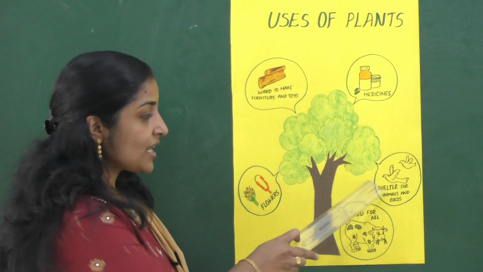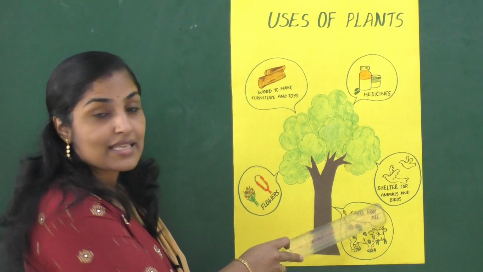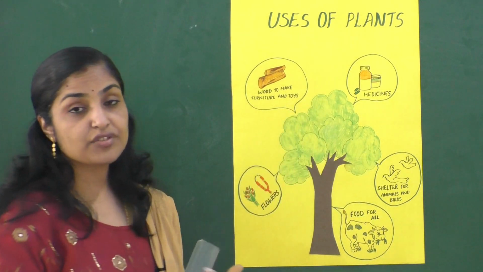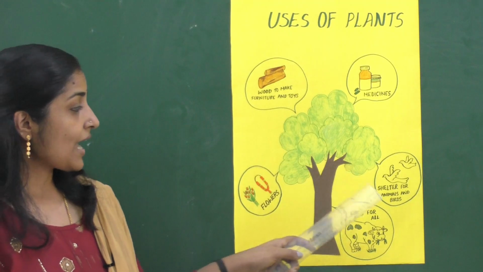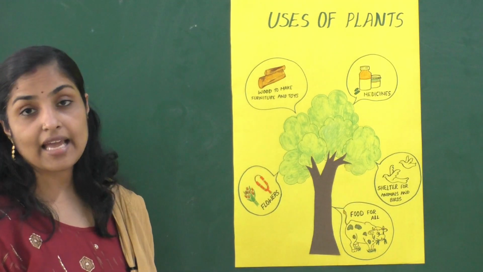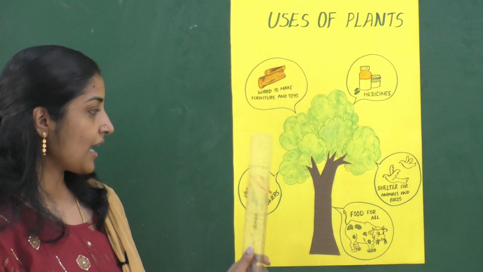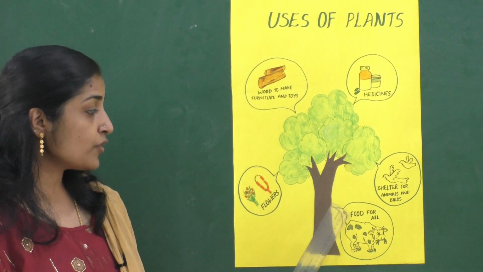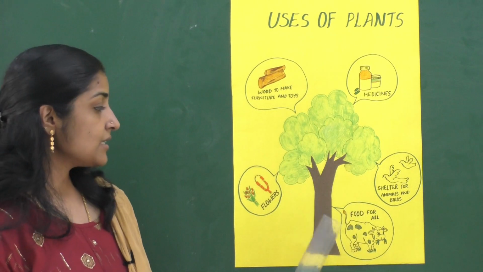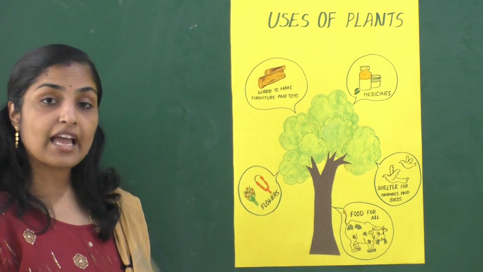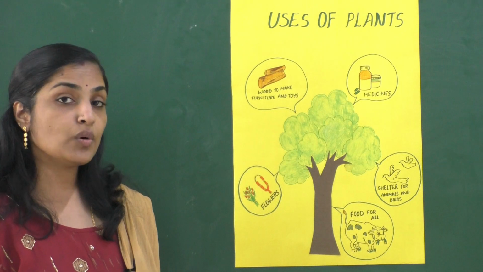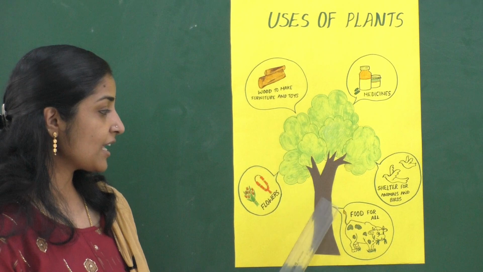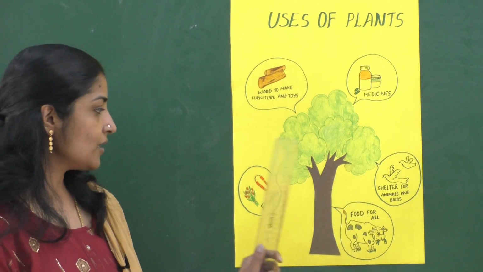Plants give shelter for animals, birds and even insects. And plants or trees give food for all. Animals and we human beings also depend on plants for our food.